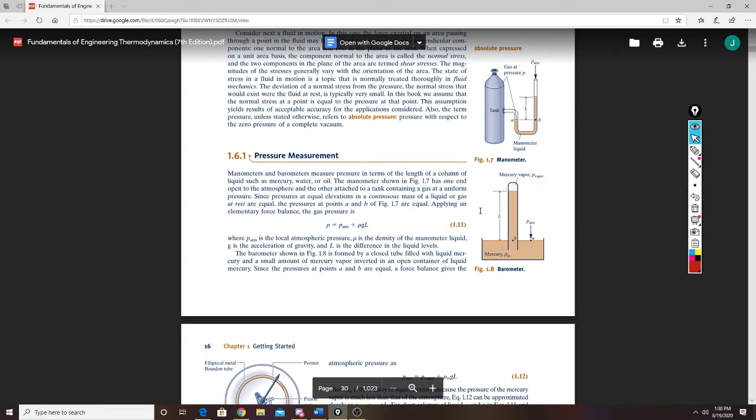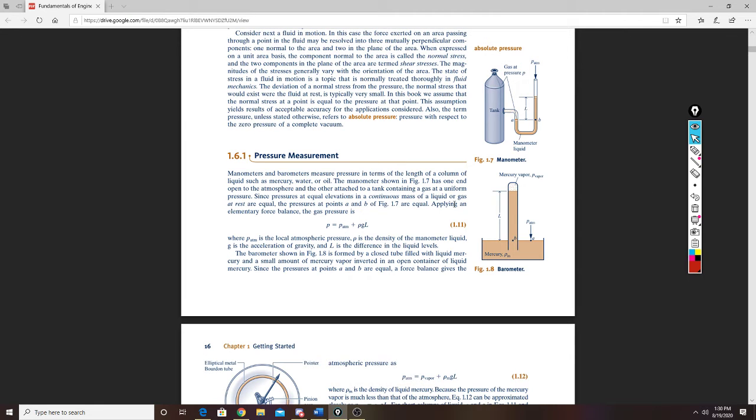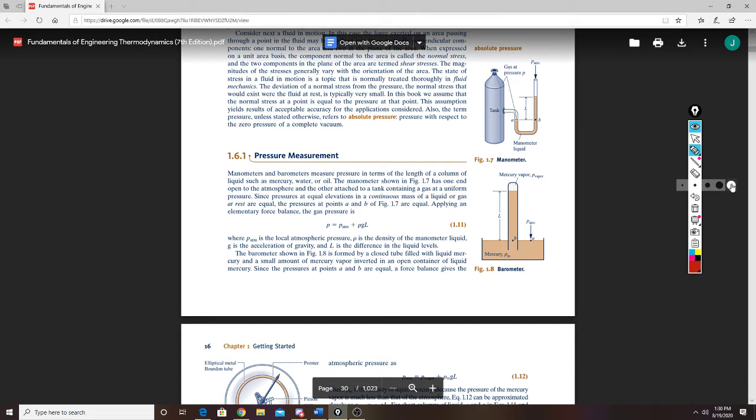And then right here, we have pressure measurement. This one talks about how absolute pressure is essentially this equation. But I don't think we've ever actually used this in this class. I'm 100% certain I've never seen this used.